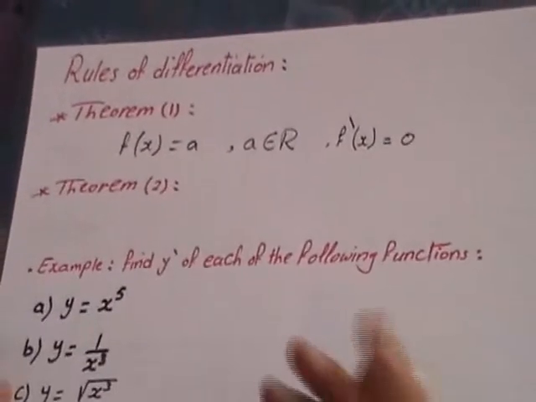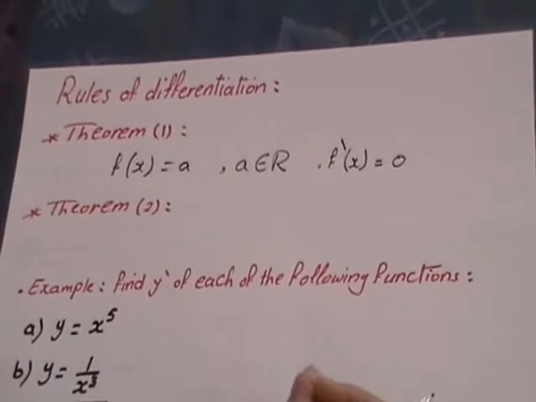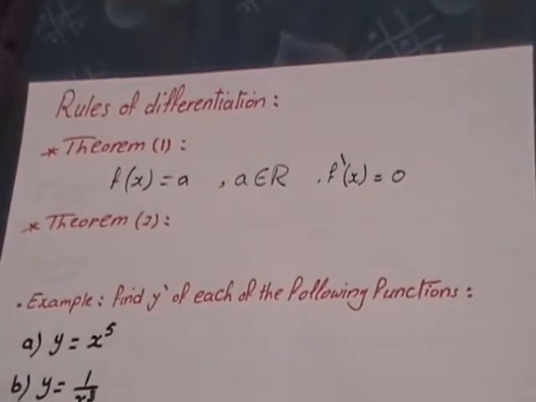So for any constant function, the first derivative will equal 0.